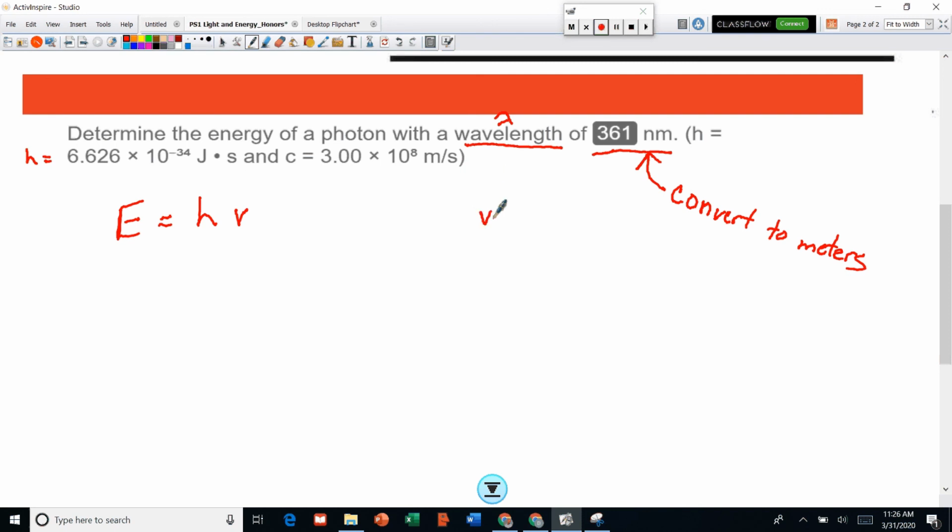So if we remember that frequency is equal to speed of light over wavelength, we can actually replace frequency here with speed of light over wavelength. All right. So again, we need to make a correction for wavelength not being in meters here. So we will have to do that conversion first.